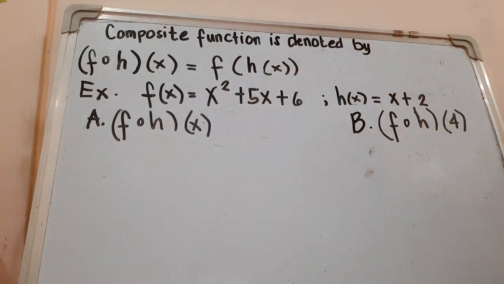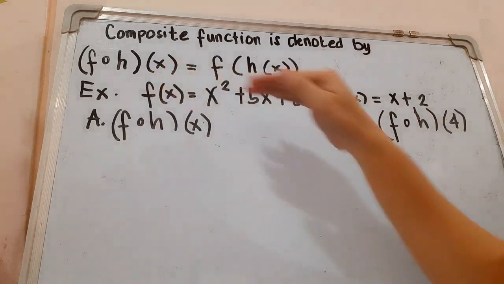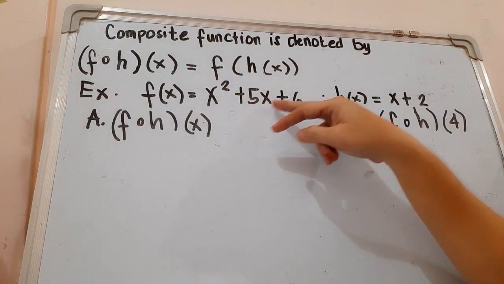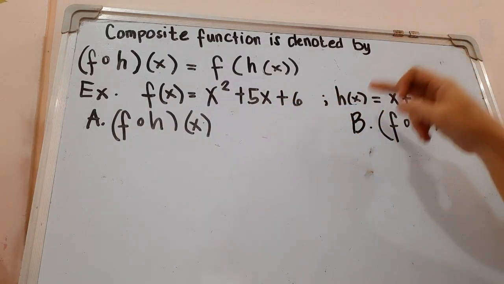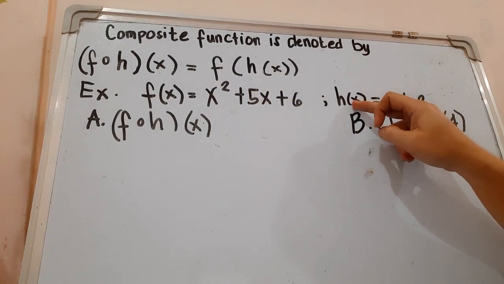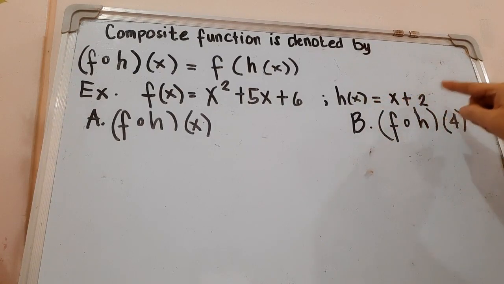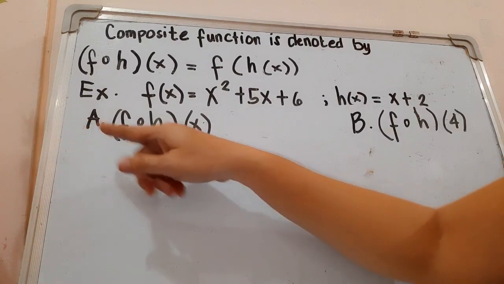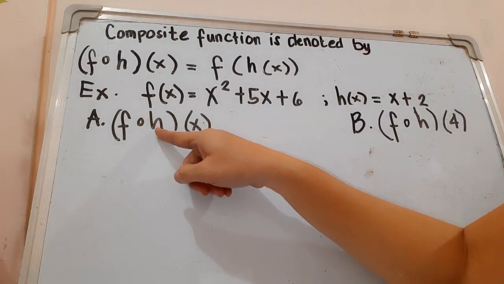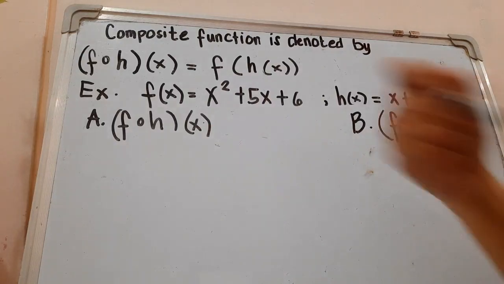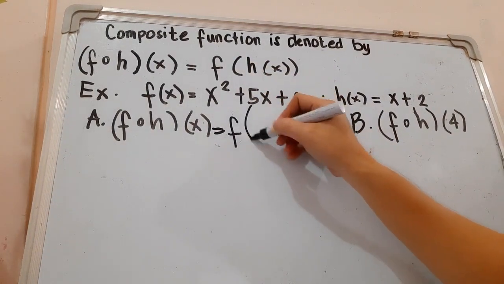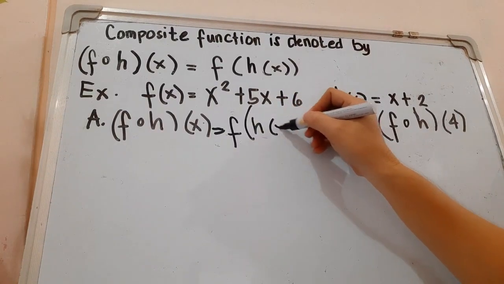For example, if we are given two functions, f of x is equal to x squared plus 5x plus 6, and h of x, which is equal to x plus 2, and we are asked to evaluate f composition of h of x. So this will become, with our pattern earlier, f of h of x.